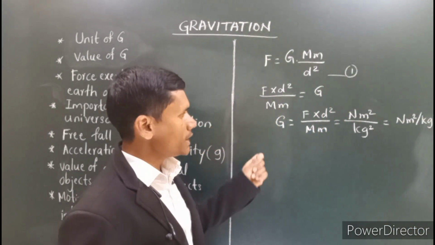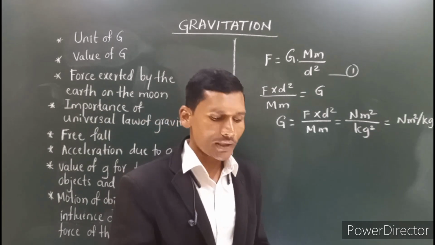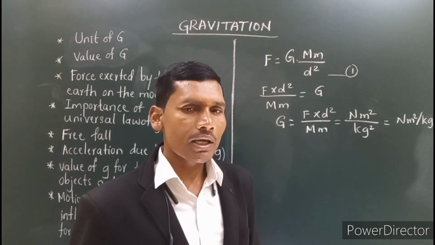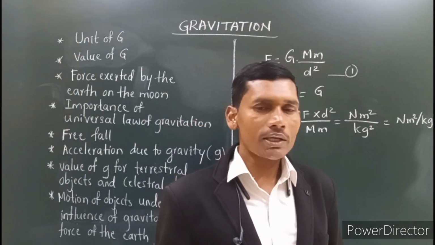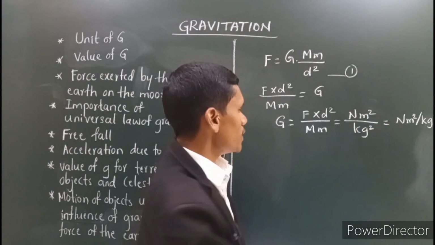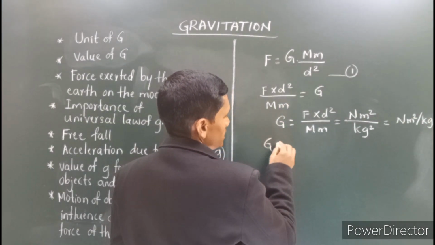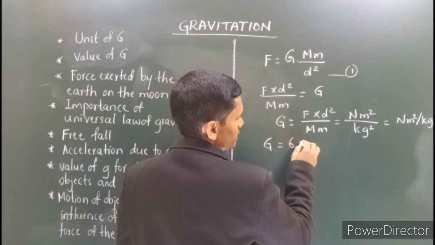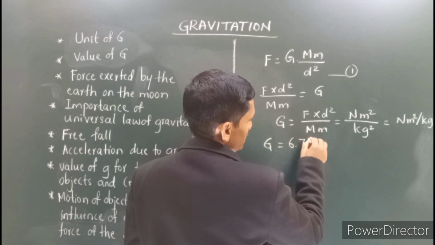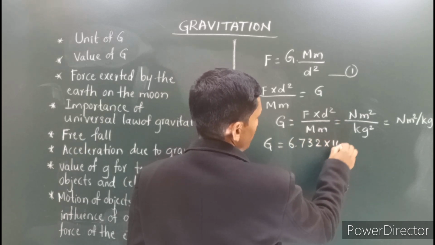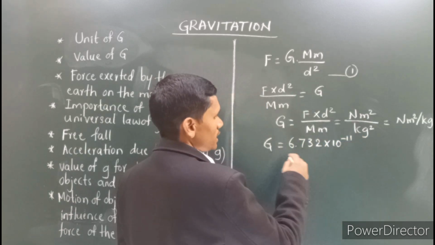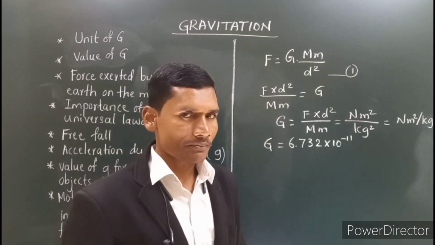And the value of G was found by a scientist by the name Henry Cavendish. By using a sensitive balance, he gave the value of G as G is equal to 6.732 into 10 to the power minus 11. This is accepted universally.